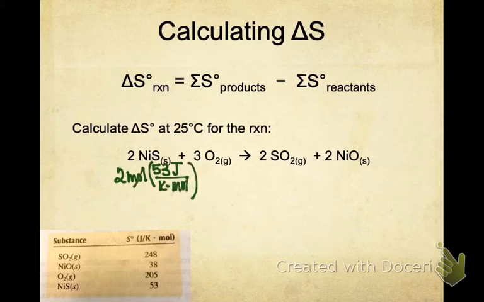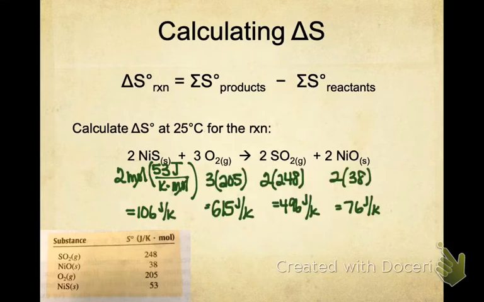And you can see that the moles cancel when we multiply by the 2 moles, or that coefficient of 2 in front of the NiS. When I multiply those together, I get 106, and the units are joules per K. So I went ahead and did the math for the rest of the chemicals that are used in this reaction.